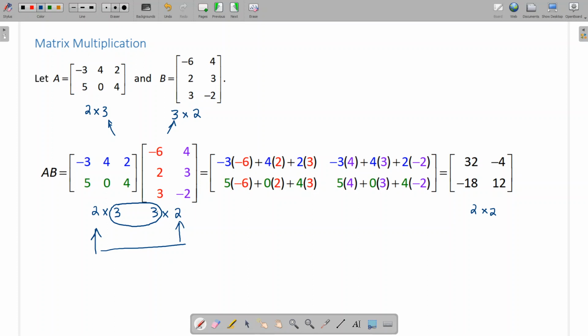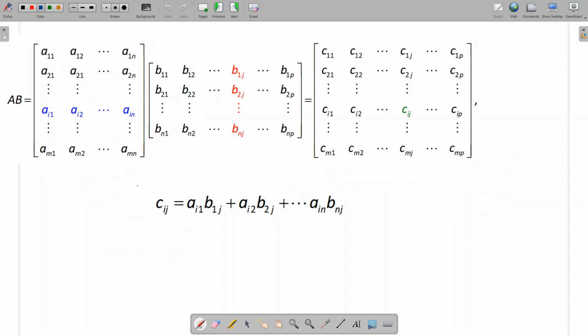So a lot more going on here. Let's look at this in general. Okay, so I have two general matrices here. This is an M by N matrix, and this one is an N by P matrix. Let's actually record that here.